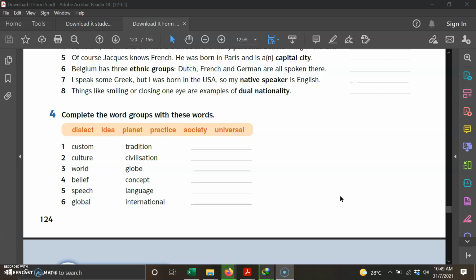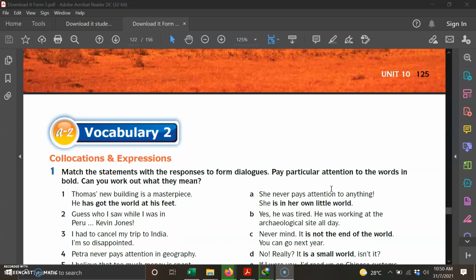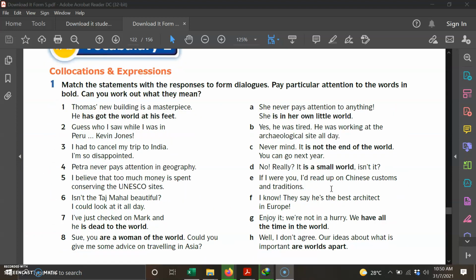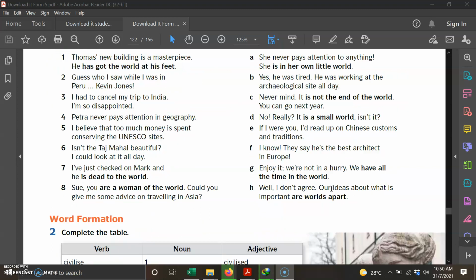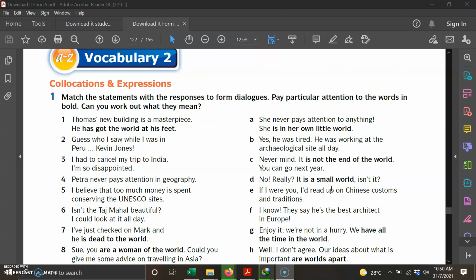Got it. From page 124, we skip one page and we go straight to vocabulary practice 2 on page 126. Let's take a look at task 1. Collocations and expression. Match the statements with the responses to form dialogue.